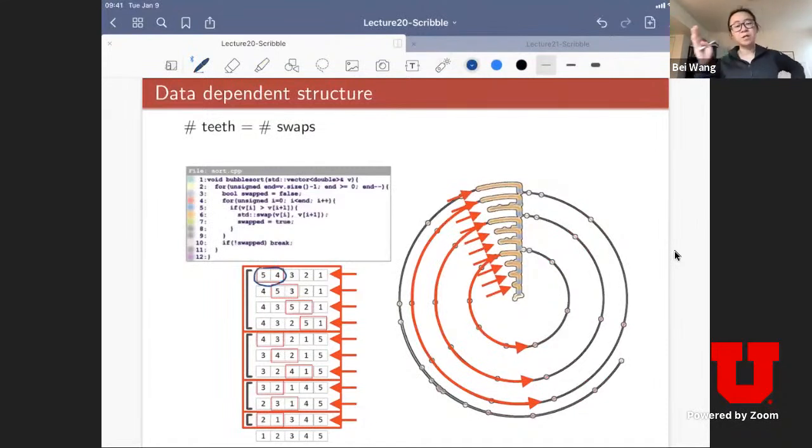Because 5 is bigger than 4, I need to swap 4 and 5. Then 5 is bigger than 3, I need to swap 3 and 5. 5 is again bigger than 2, swap, 5 is bigger than 1, swap. This is because my data is inversely sorted. So in some sense this is the worst case scenario for my bubble sort, because I need to go through all pairs.